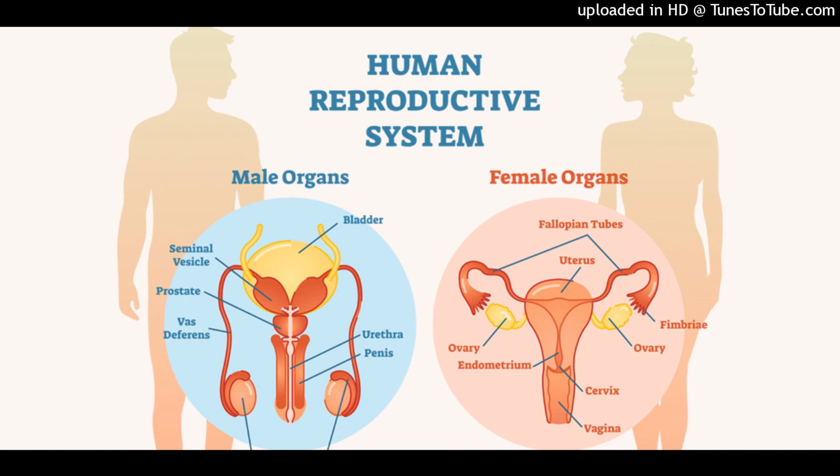Accessory ducts and glands. From the seminiferous tubules, sperm pass into the epididymis within the scrotum for storage and final maturation. In the epididymis, sperm develop the ability to be motile, although secretions within the epididymis inhibit actual motility until ejaculation occurs.